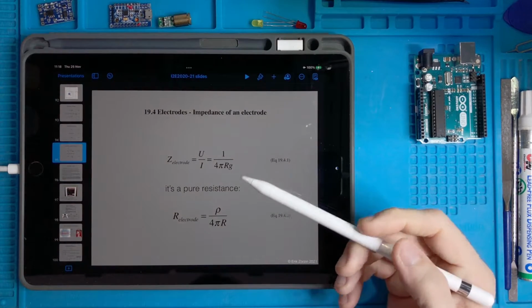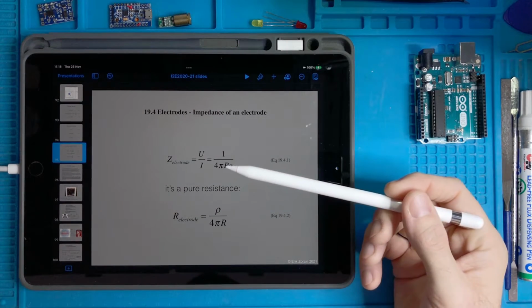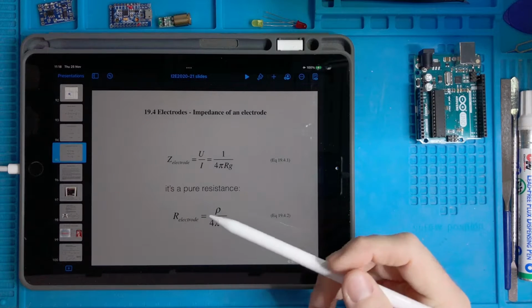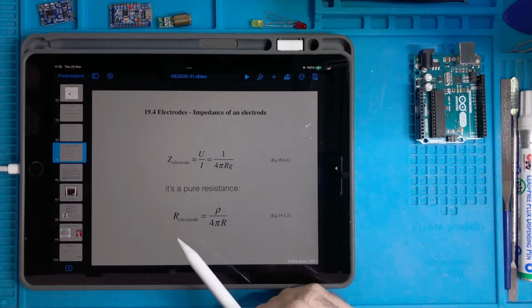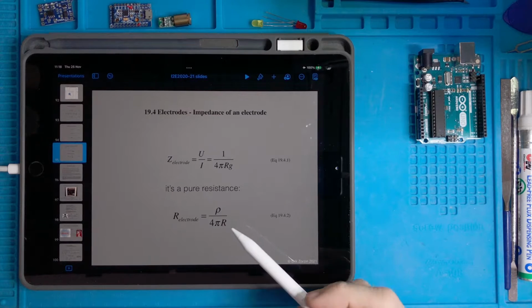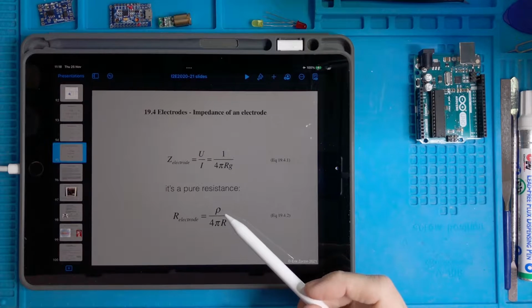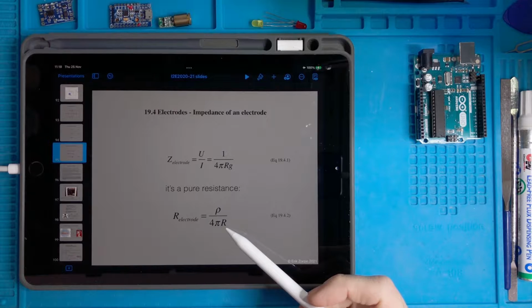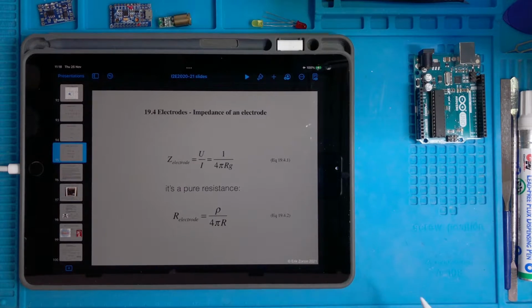So we said that the impedance of an electrode theoretically should be purely resistive and is inversely proportional to the radius of the tip of the electrode. So the sharper the electrode, the higher the impedance.